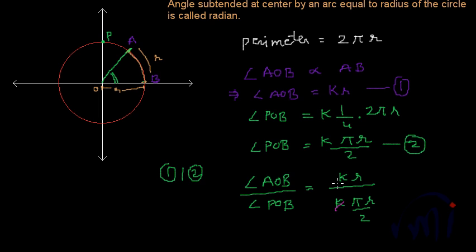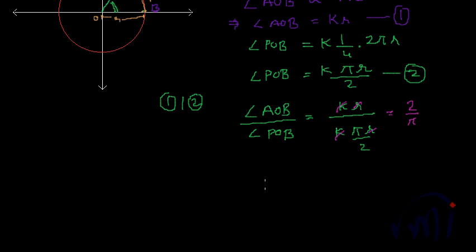This K will cancel this K, this R will cancel this R, and we are going to get 2 by pi over here. So the ratio of the angle subtended by the radius at the center of the circle to the right angle, which is POB, is equal to 2 by pi, where 2 is a constant and pi is also a constant, right?